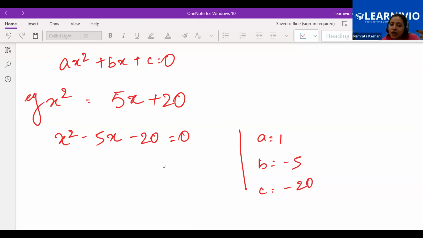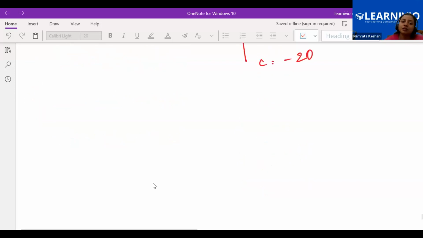A is 1, B is minus 5, C is minus 20. So this is how, when the equation is not given in the standard form, we can just transpose it, shift it here and there, and write it in the standard form. Then we can do the comparison. If the coefficients A, B, C are asked in the question, this is how we will be able to take them out. Okay. Now, if the question is 6x square is equals to 0, is it a quadratic equation?